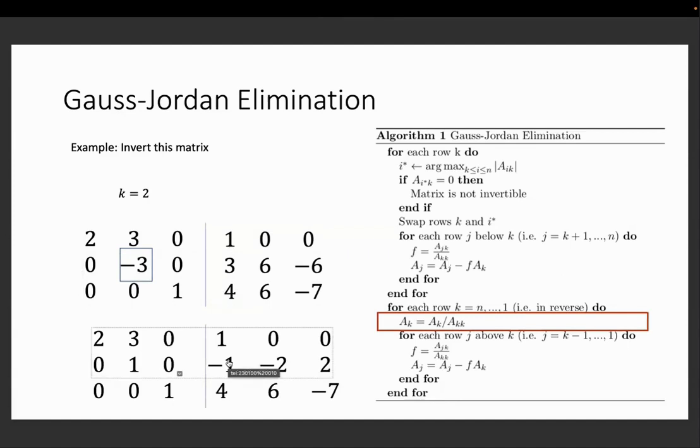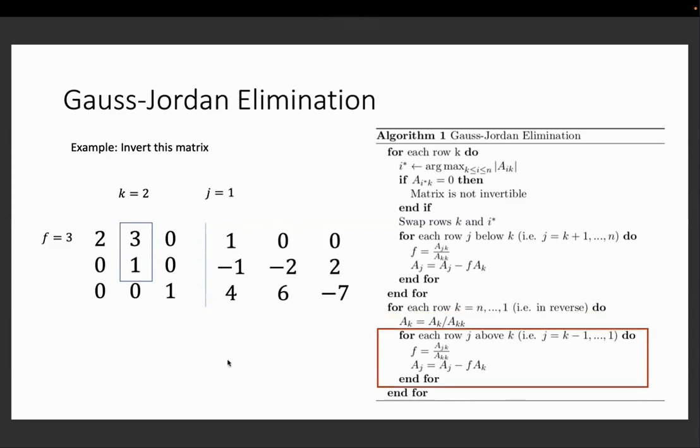So I think the process is clear now, because we know the intuition for each line here.